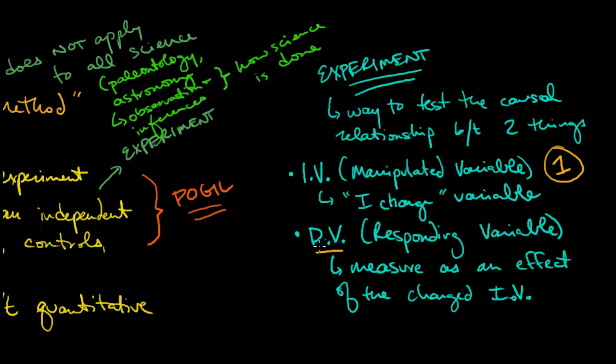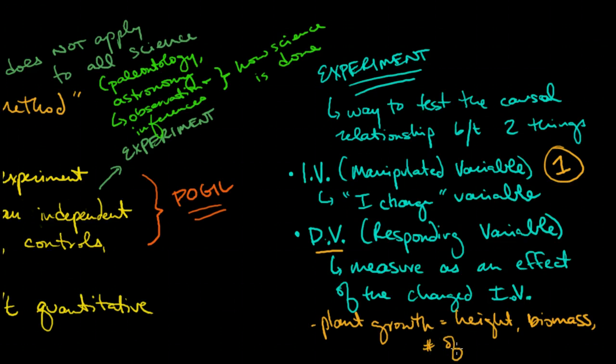For example, if I wanted to measure plant growth, if I said plant growth, I could mean height, I could mean biomass, I could mean number of leaves, I could mean diameter of growth.